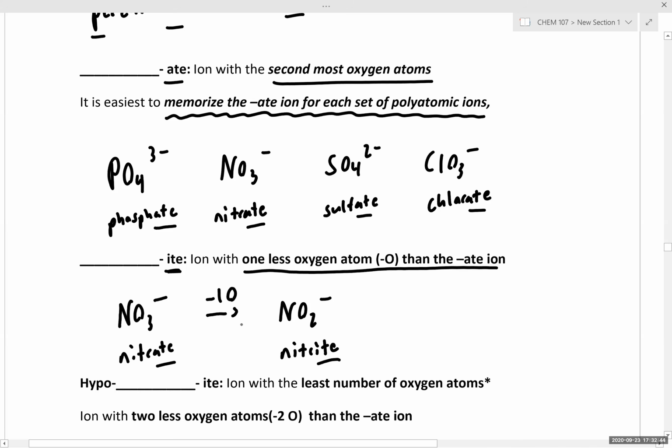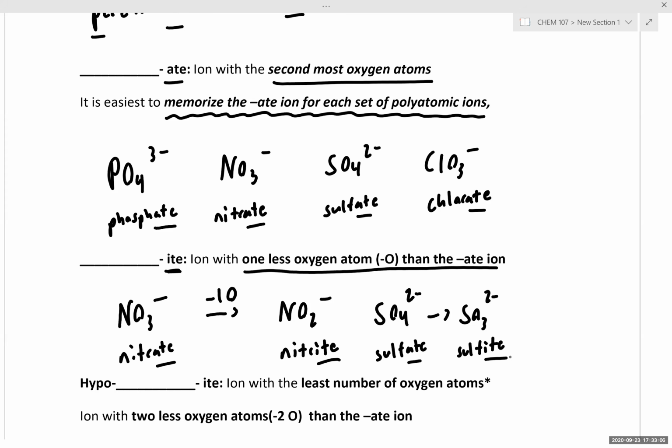Ate to ite, we lose an oxygen atom. Likewise, SO4 2- is known as sulfate. SO3 2- is known as sulfite. Does this make sense to everyone? Any questions on these nomenclature rules?